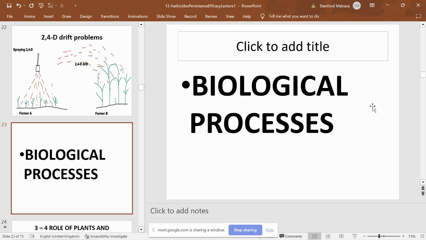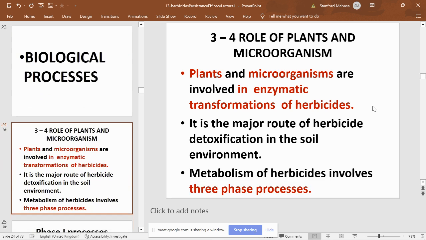So we have dealt with physical processes, which are two. Biological processes. In the biological processes, we are talking the role of plants and microorganisms, which have enzymes which can transform herbicides.